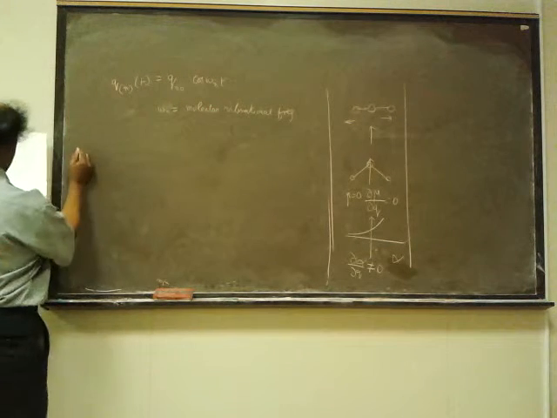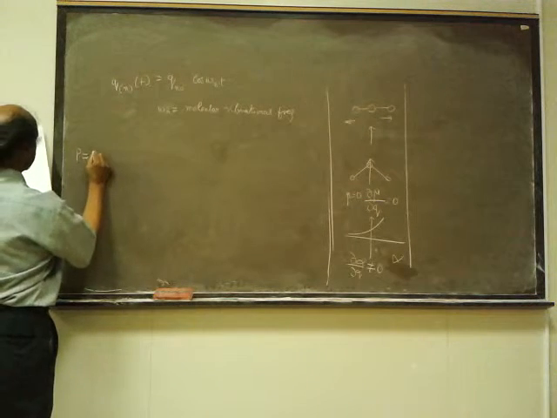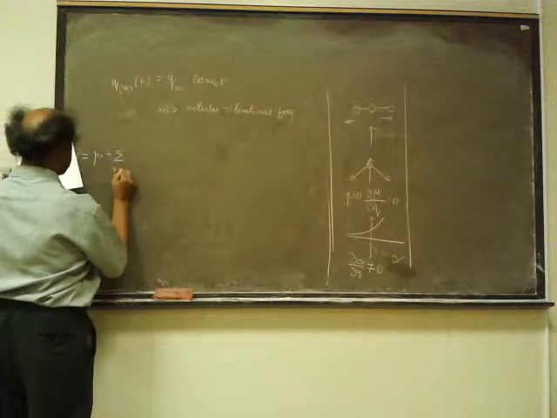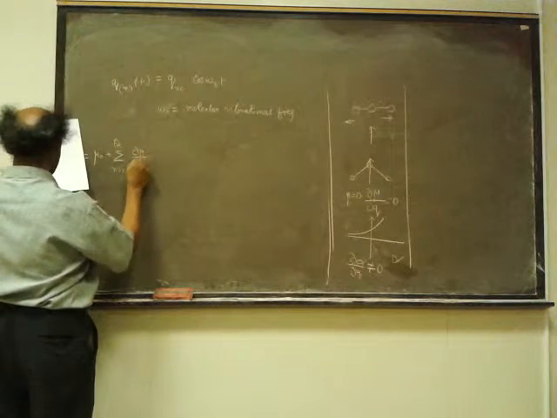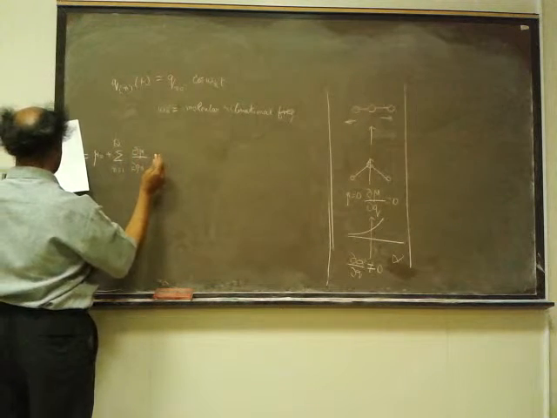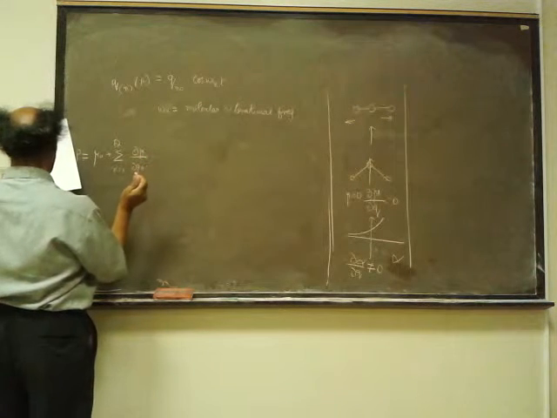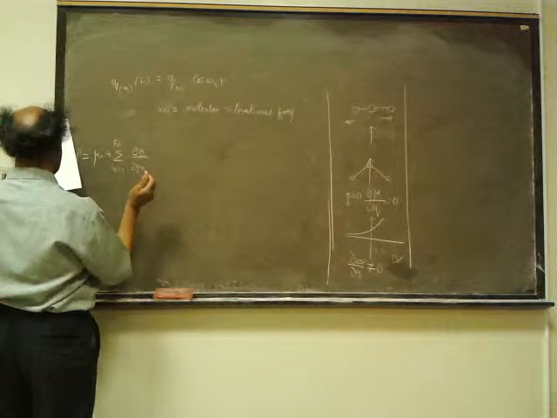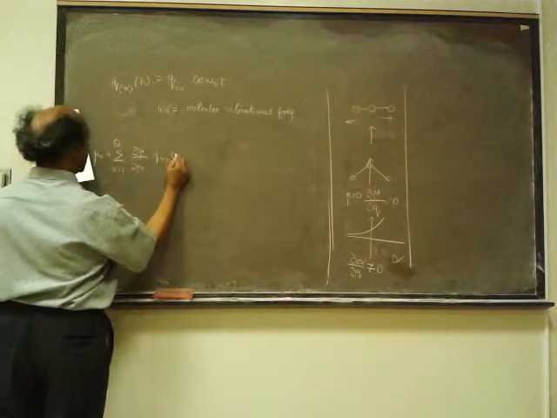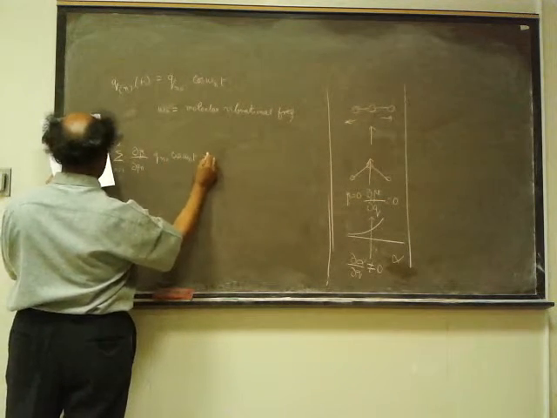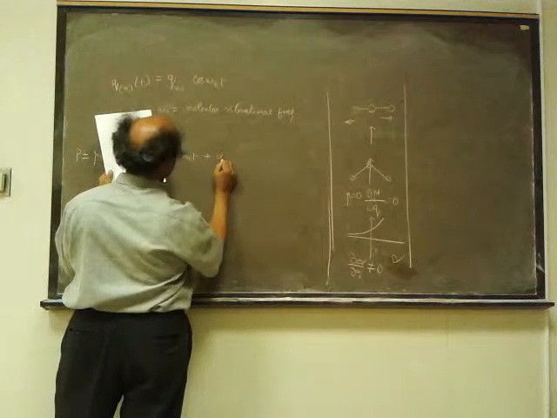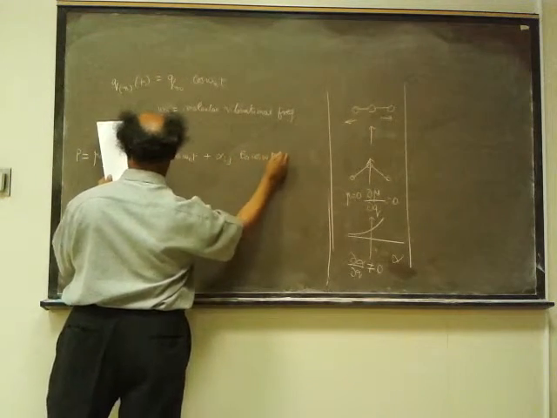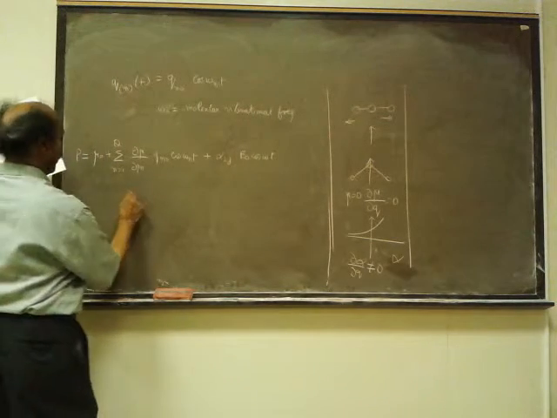Then, go back to that equation. P has to be represented like this: mu naught plus the sum over n equal to 1 of dmu by dq1 times qn cos omega_n t plus.